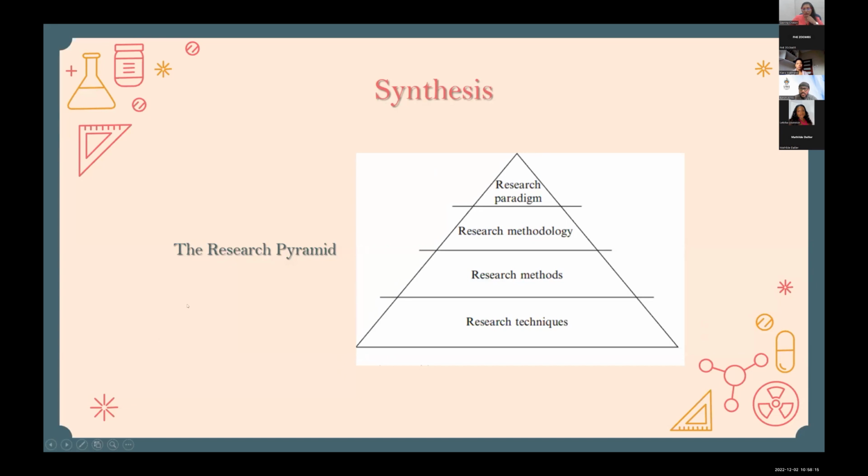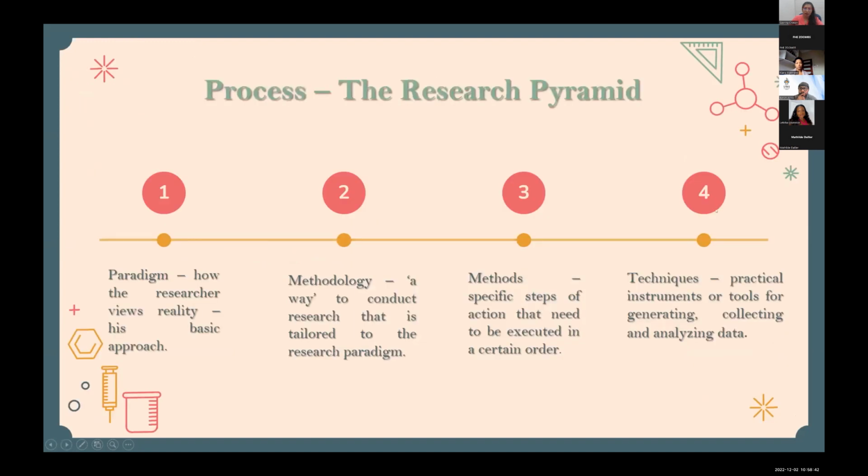Many scholars talk about the research pyramid, right? So we will start at the bottom. You would see research techniques, research methods, research methodology, and finally the research paradigm. So we are going to talk about each one and see how from research techniques you can move to research methods, and from there on to methodology and to your specific research paradigm, right?